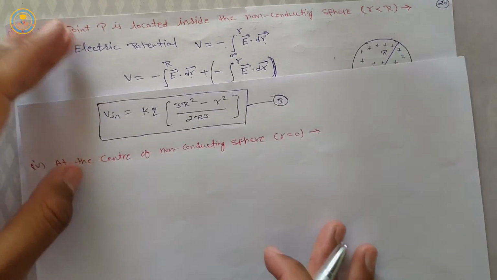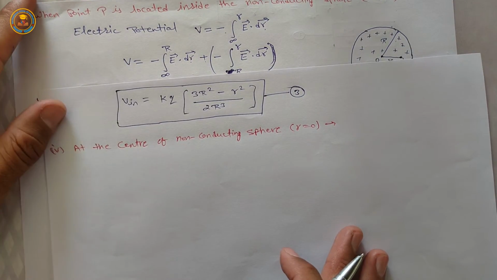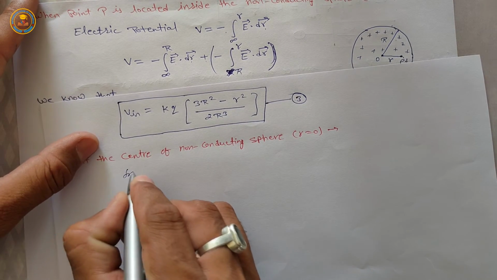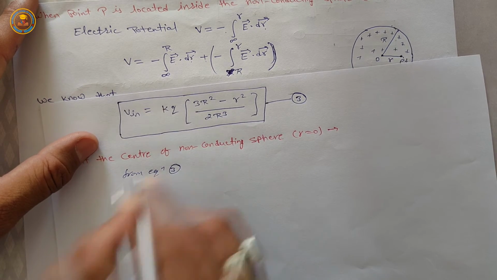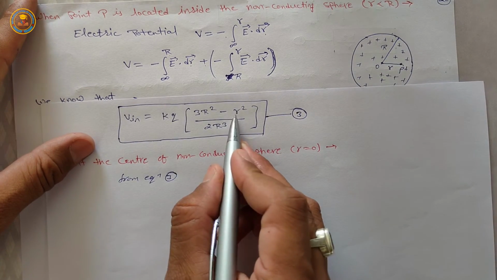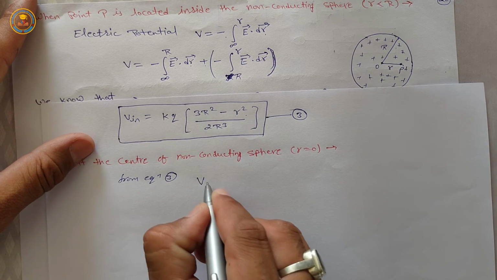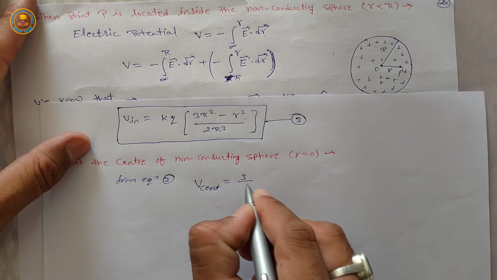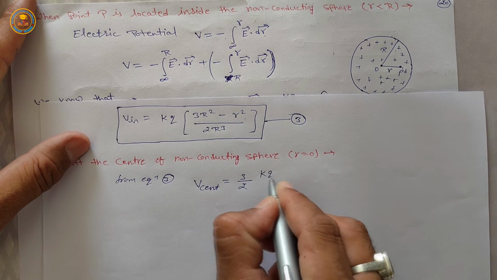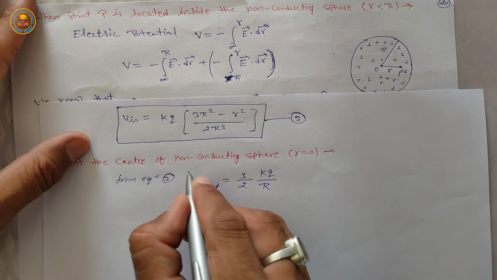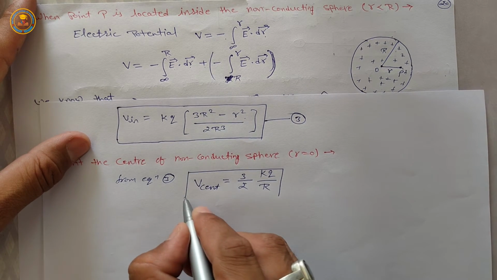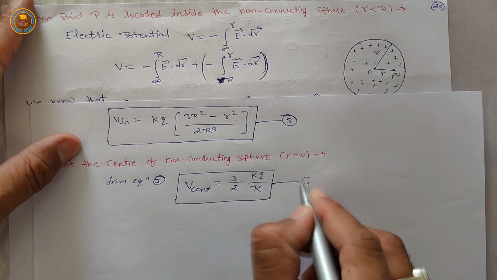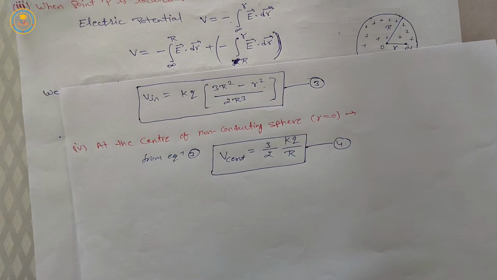Now, our fourth point, at the center of the non-conducting sphere, it means r is equal to 0. So from equation 3, we put r equal to 0, then we get the electric potential at the center, V_center, equal to 3 by 2 kq upon capital R. This is the value of electric potential at the center of the non-conducting sphere. Okay.